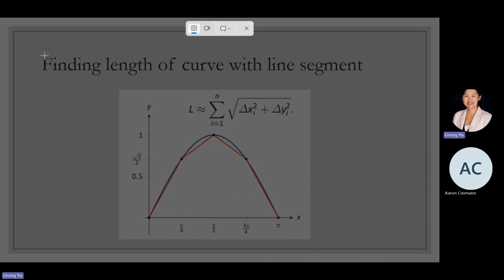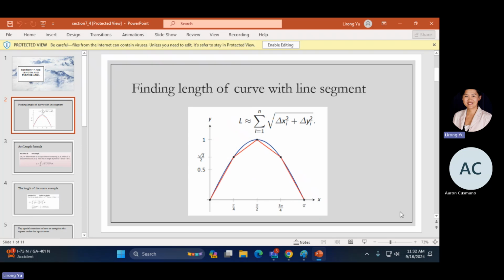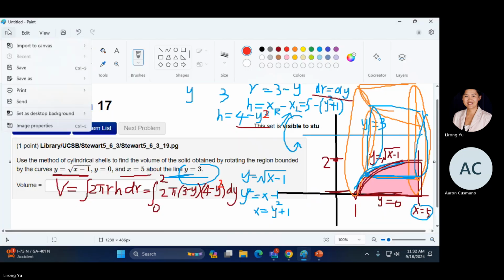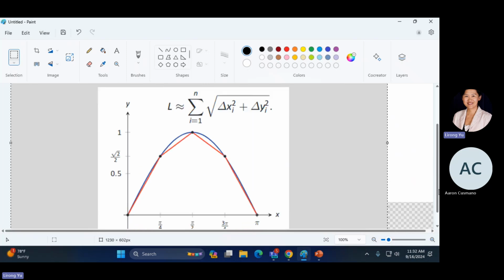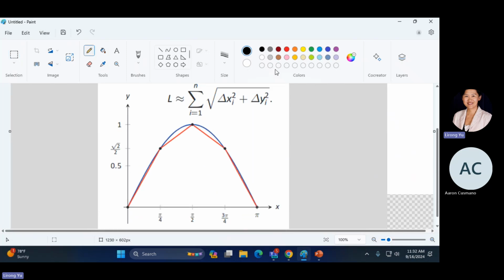Let's try to connect this with our calculus. First is the distance calculation for a segment. This is delta x1, the first change in x. This is delta y1, the first change in y. If you take delta x1 squared plus delta y1 squared, you get this.